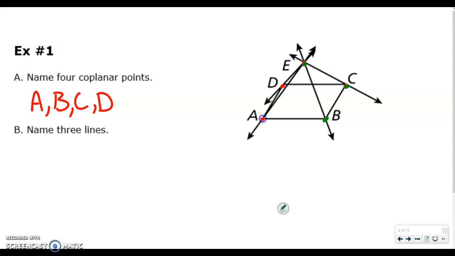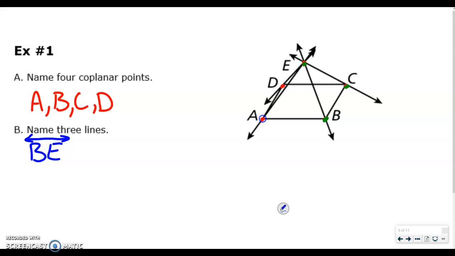All right, letter B, name 3 lines. So we could go from point B to point E, that would be a line. Remember, we name our line with the letters and the line with the arrows above it.